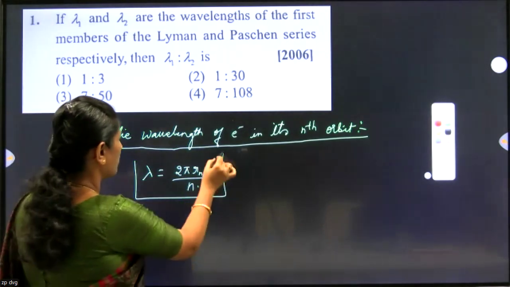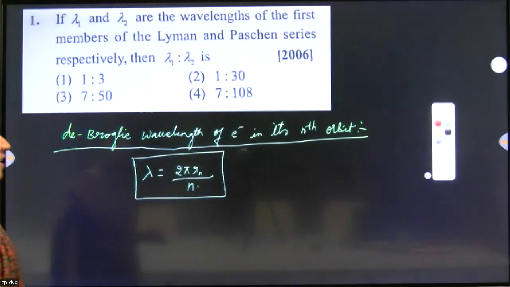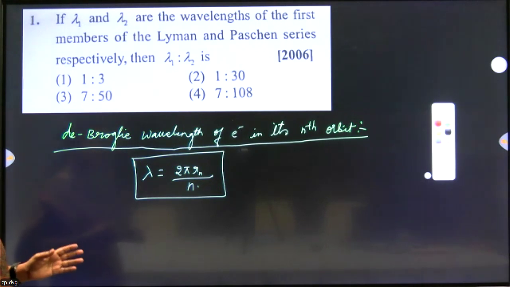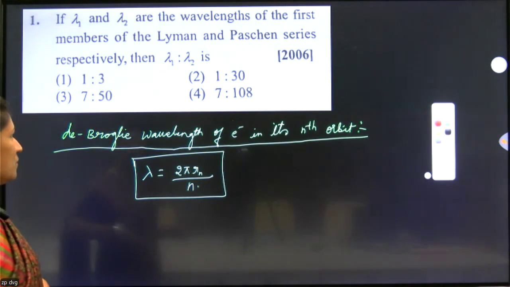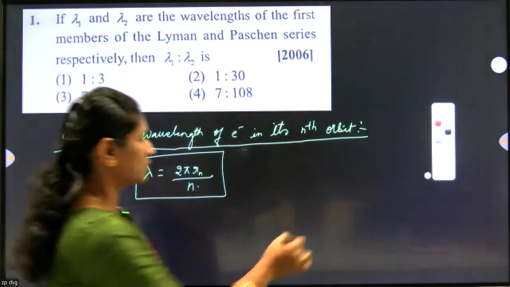Okay, this is a very important relation. This gives the de Broglie wavelength of an electron.